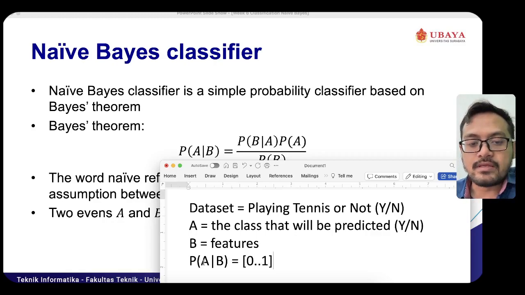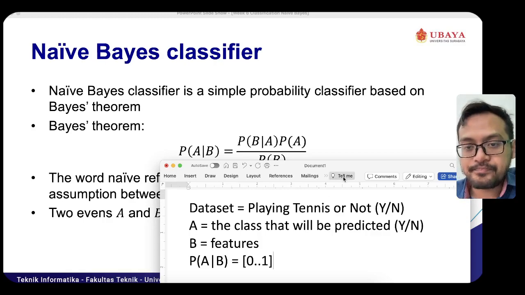So the probability that the output will be playing tennis will be between 0 and 1, 0% to 100%.